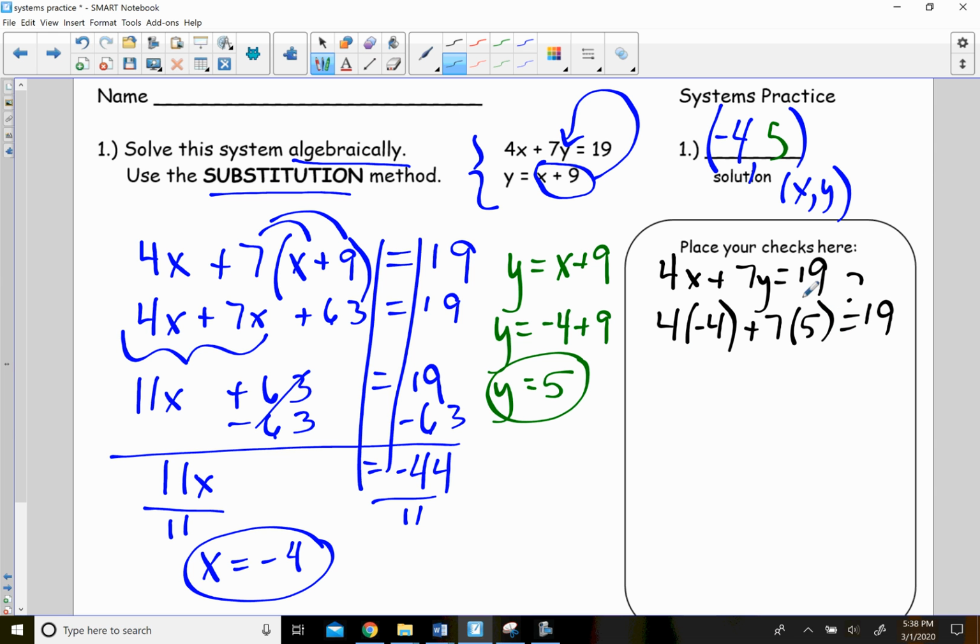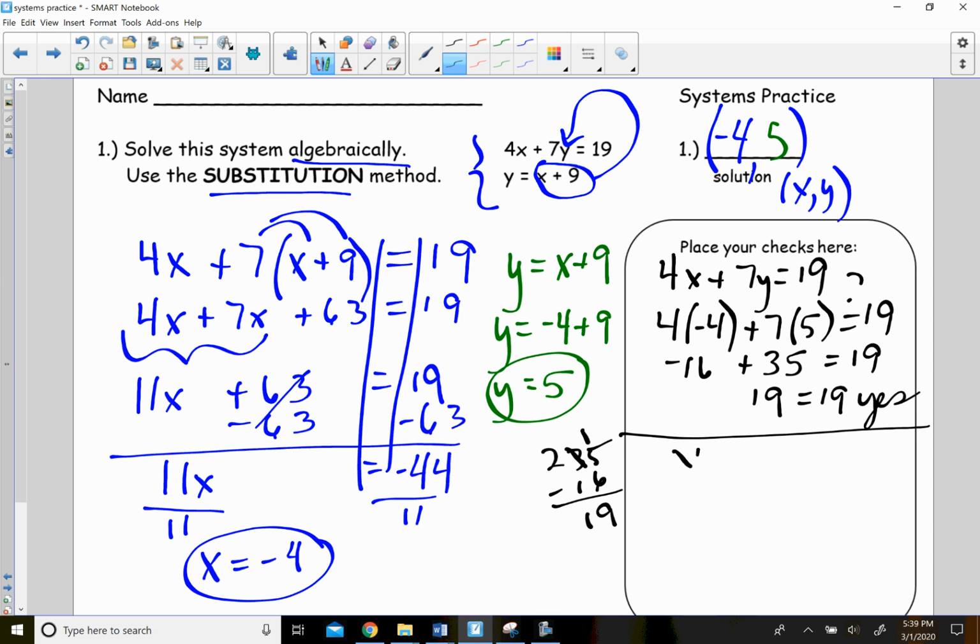So you can just go to your calculator and type that chunk in. I'm going to go to the pieces because I don't really have mine handy. Negative 16 plus 35. So they are different signs, subtract. So let's see here. I gotta do a little math on the side. That would be 19 equals 19. So yes, that is a solution to the first equation.